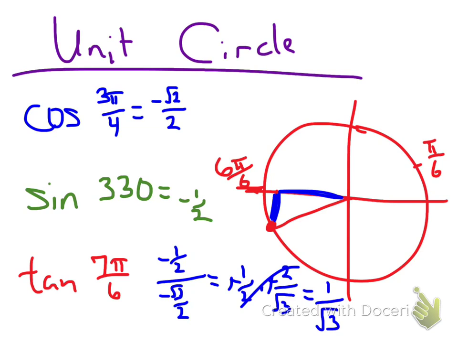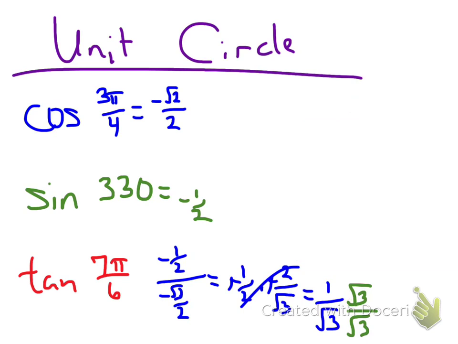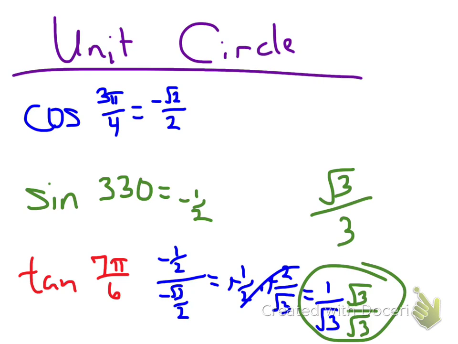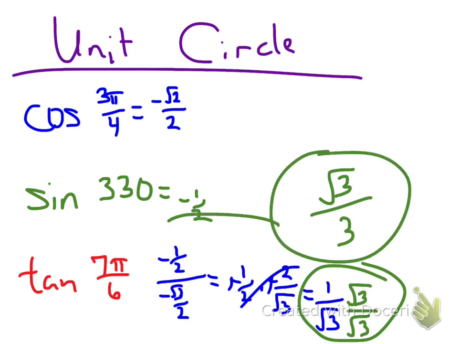I need to rationalize my denominator, which is the square root of 3 over the square root of 3. When I multiply these together, I get the square root of 3 over 3 as my answer. So the tangent of 7 pi over 6 equals the square root of 3 over 3.